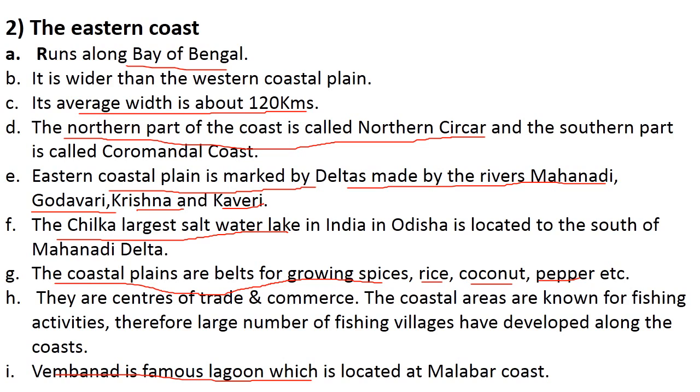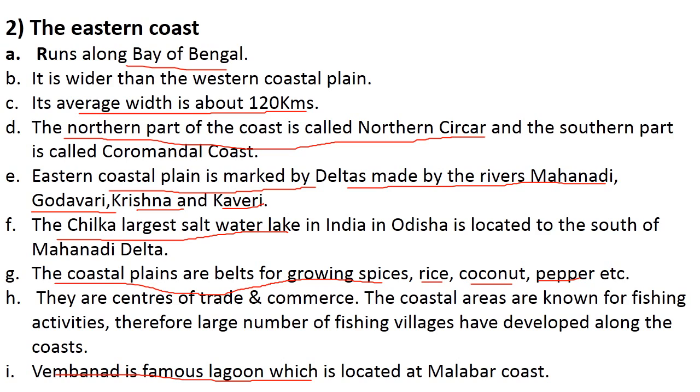Then the eastern coastal plain is marked by the deltas made by the rivers Mahanadi, Godavari, Krishna and Kaveri. These three or four important rivers play an important role in demarcating these deltas. And Chilka is the largest salt water lake, located in Odisha, south of the Mahanadi Delta on this eastern coast.